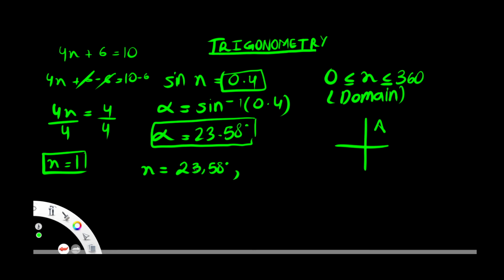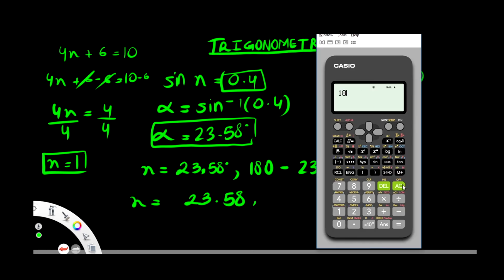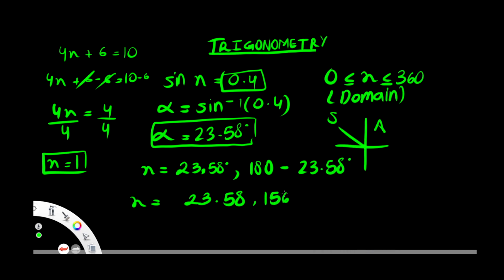However, we also want to find the second value, and we know that sine is positive in the second quadrant. What we did in the second quadrant was simply subtract the base angle from 180, and we say that the two possible values of sine are 180 minus 23.58. So this is going to give us 156.42. So these are the two possible values.